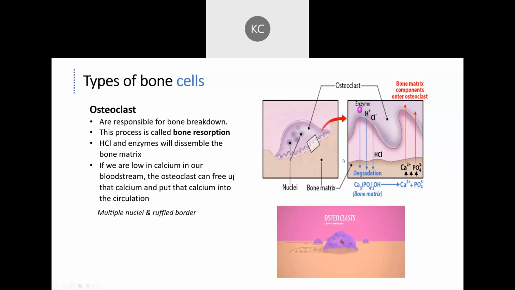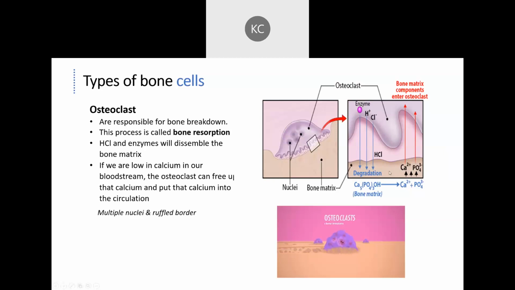If you look over to this image here, the osteoclasts have this region called a ruffled border, and it's because the border of their cell looks very ruffled. It's very convoluted, and they secrete these bone resorbing enzymes and hydrochloric acid onto the surface of the bone.